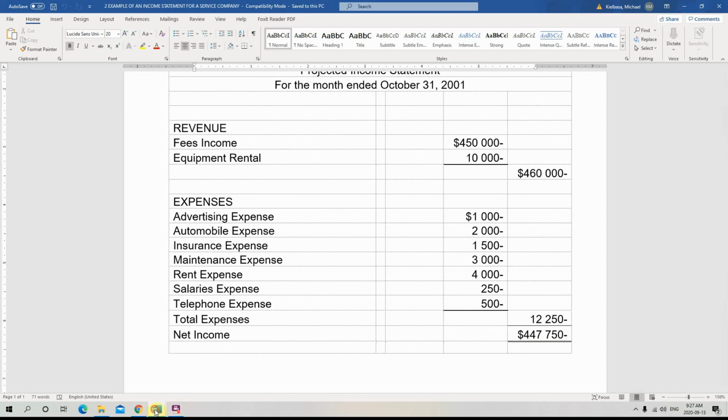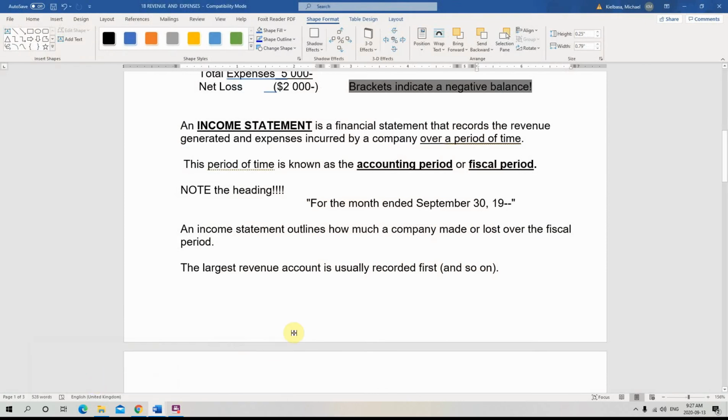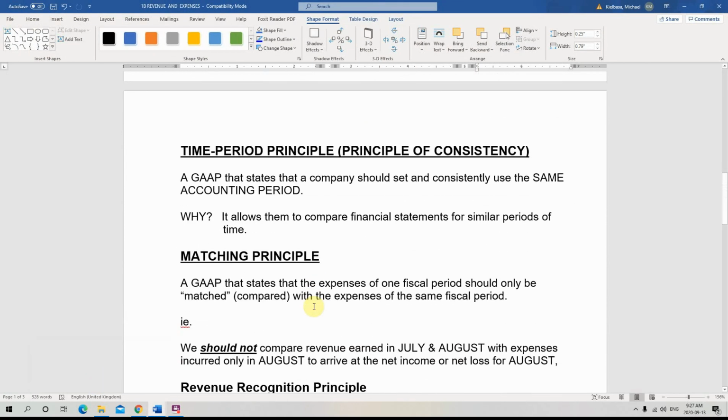All right, going back to our notes. Now a couple of GAAPs related to revenue and expenses. One is the time period principle. Basically it's a GAAP that states that a company should set and consistently use the same accounting period. What it does is allow for comparison between fiscal periods. So if you set an accounting period of a month, you're going to be able to compare different months.